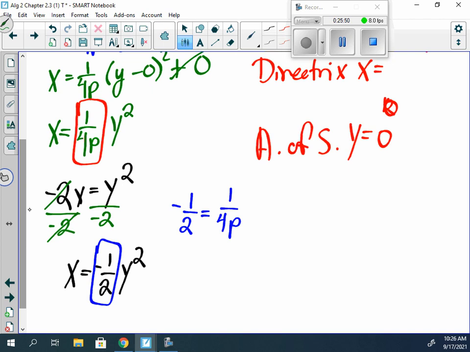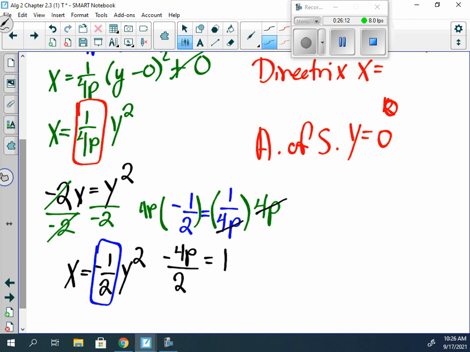Now what can we do to both sides? Times both sides by 4p. And the nice thing is that the 4p and 4p over here will simplify to 1. Over here, we're going to have negative 4p divided by 2.